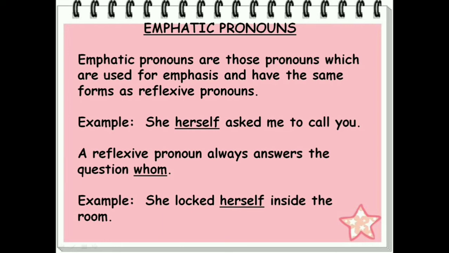An emphatic pronoun lays emphasis. A reflexive pronoun always answers the question whom. She locked herself inside the room. In the given sentence, we should ask the question locked whom. The word herself is the reflexive pronoun and answers the question.